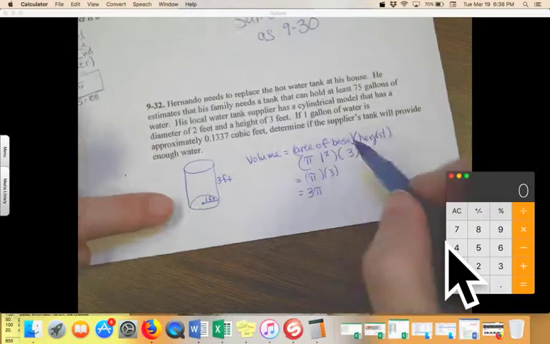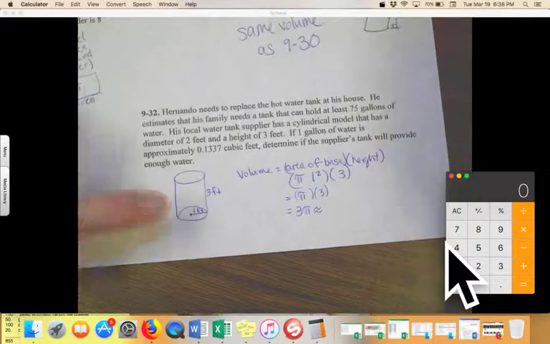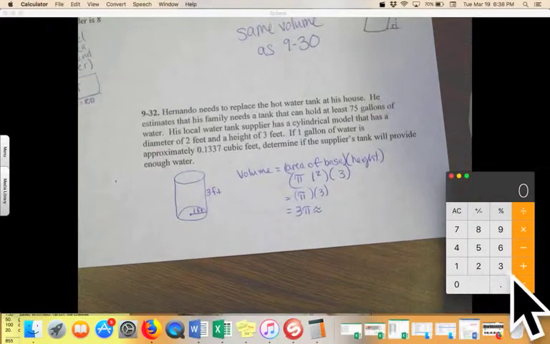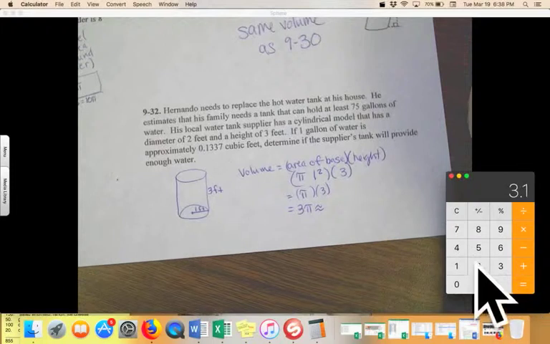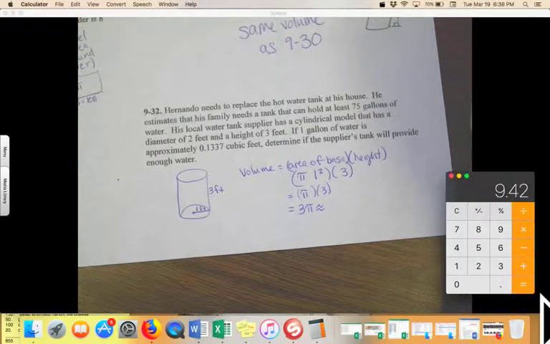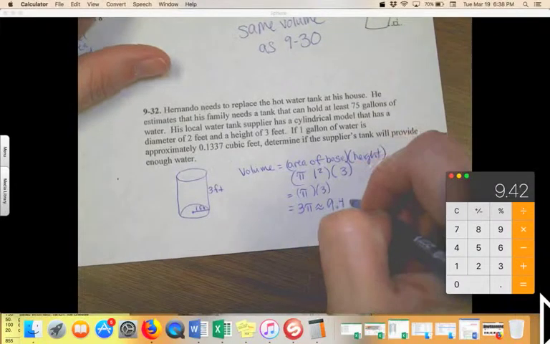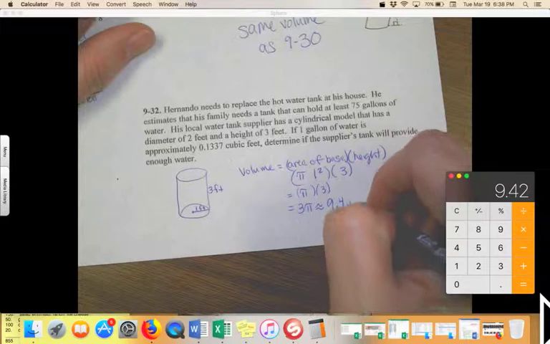Okay? So since we're going to be working in decimals here, we are going to go ahead and change this to a decimal. So pi is approximately 3.14. We're going to multiply that times 3. And that gives us a volume of approximately 9.42 cubic feet.